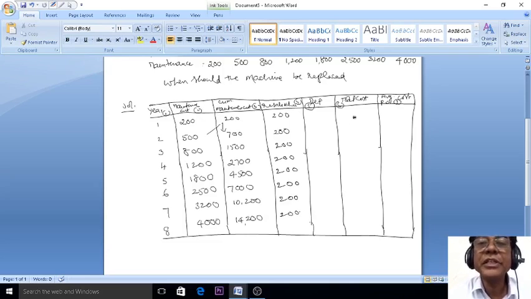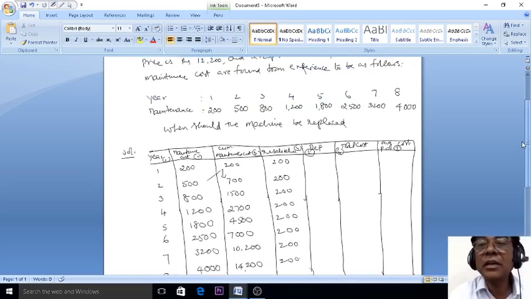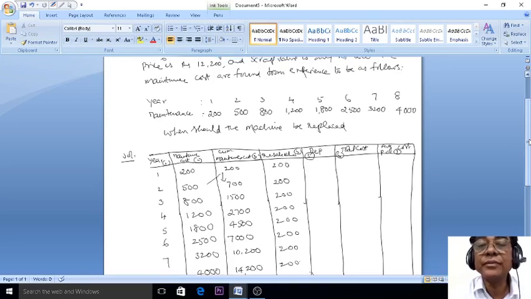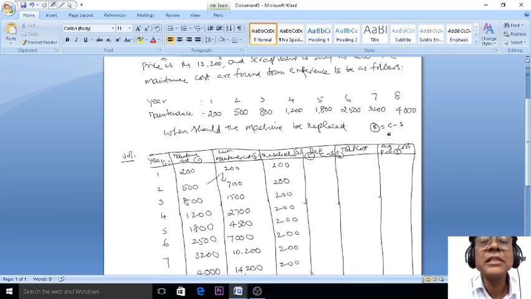Depreciation. What is the meaning of depreciation? Depreciation is nothing but cost minus scrap value. Depreciation is equal to C minus S. What is the cost here? 12,200. S means the first one, C. How to calculate the fifth column value? C minus S: C cost is 12,200 minus 200.